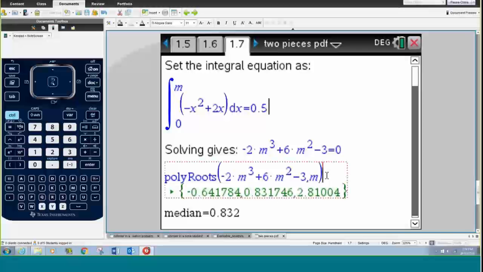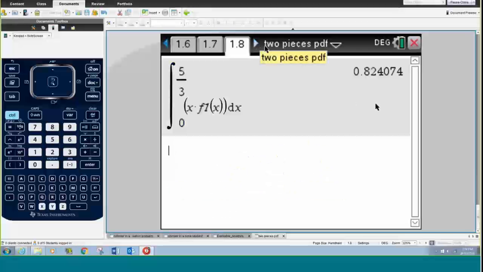We could restrict the domain here. For the given domain, we would only get this one, but clearly we can see the median can only be 0.832 as the other values are not in the domain defined for this function, and the mean is the integral of x times f(x). So that was this activity.